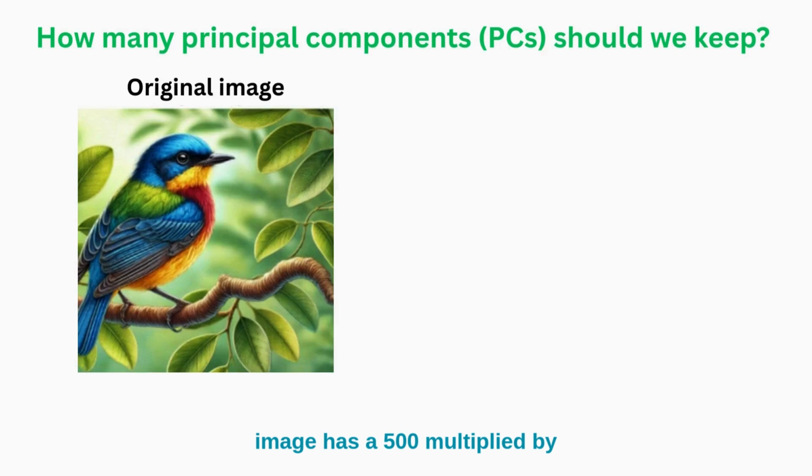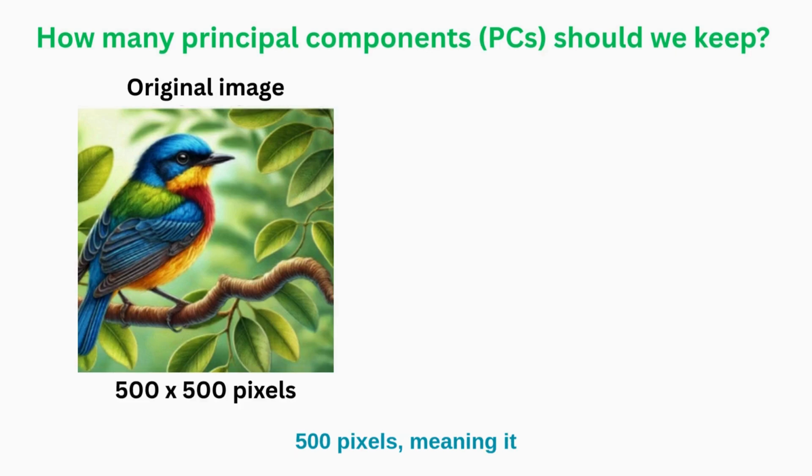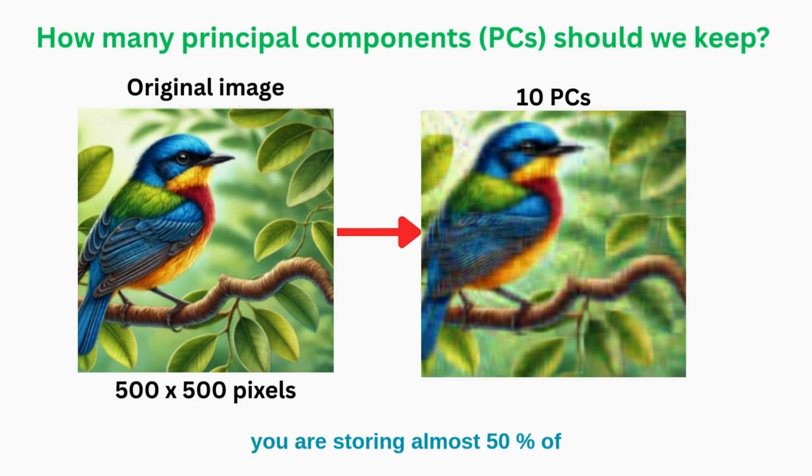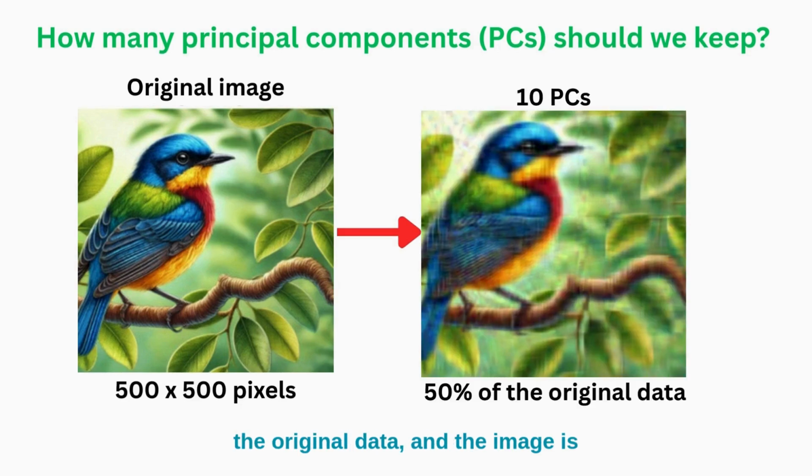This image is 500 multiplied by 500 pixels, meaning it has 500 dimensions. With 10 principal components, you are storing almost 50% of the original data, and the image is still recognizable as a bird. So, if your goal is object identification and reducing the data size, this approach is perfectly fine.